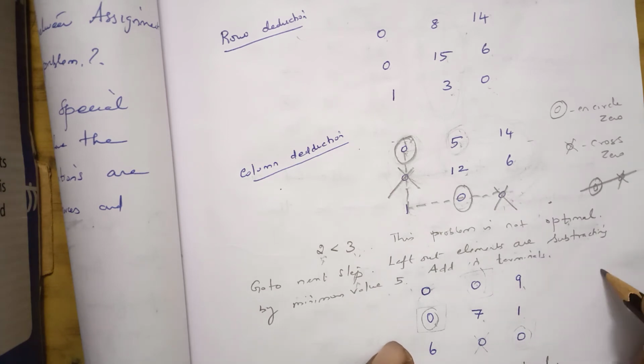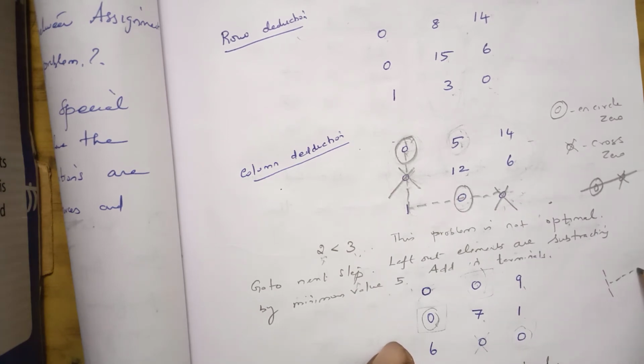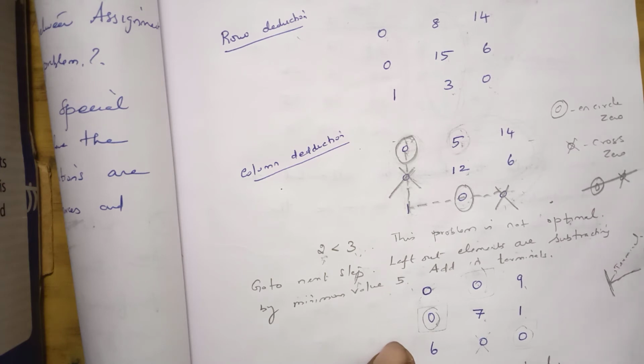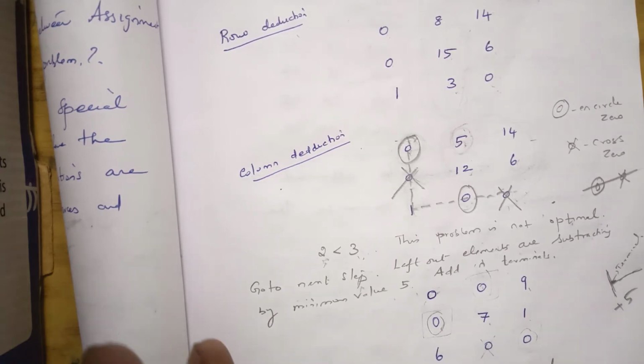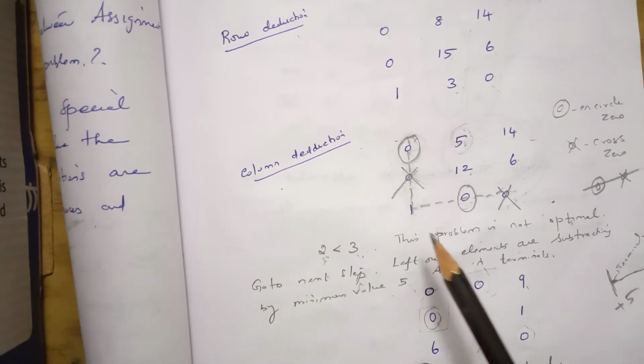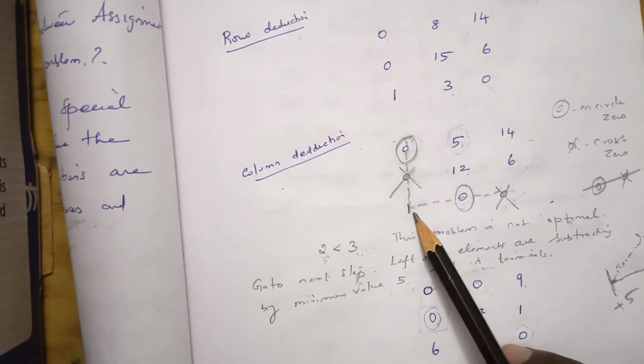Suppose this is the intersection. At the intersection we have to add 5. The remaining values we subtract by 5, but at the intersection we add 5.